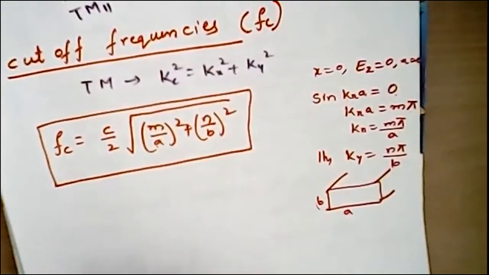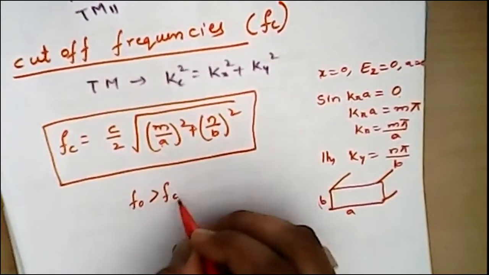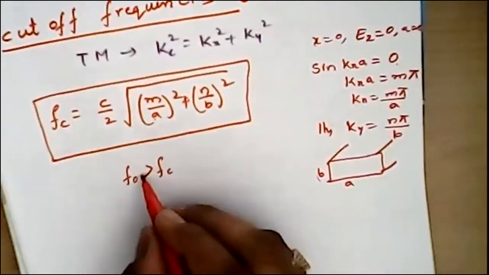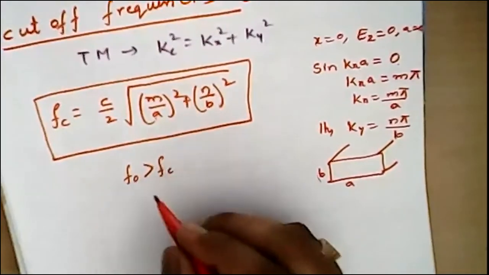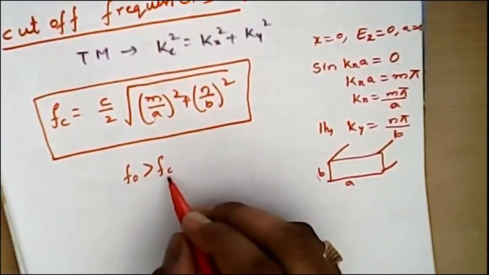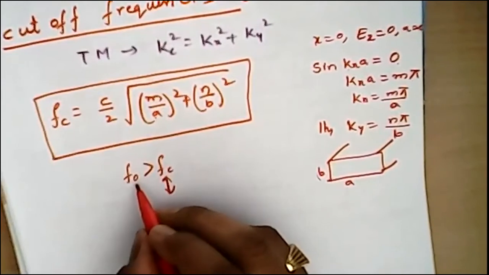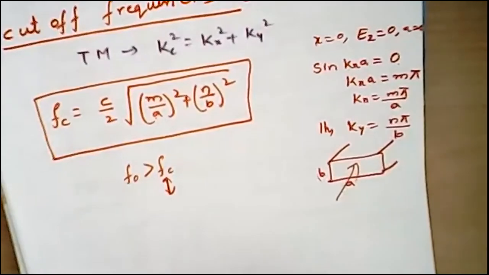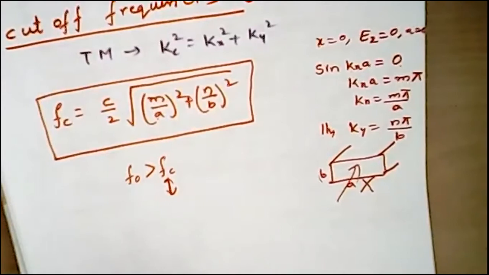We have an operating frequency and a cutoff frequency. As long as the cutoff frequency is less than the operating frequency, those frequencies are allowed into the waveguide. If it is greater than the operating frequency, they will not be allowed.